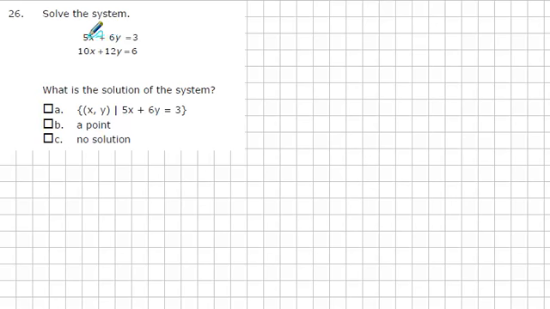So what I notice is that if I were to multiply 5x by negative 2, that would produce negative 10x, and negative 10x plus 10x would be 0. So let's label the first equation as equation 1 and the second equation as equation number 2. And what we're going to do is to multiply the first equation by negative 2.